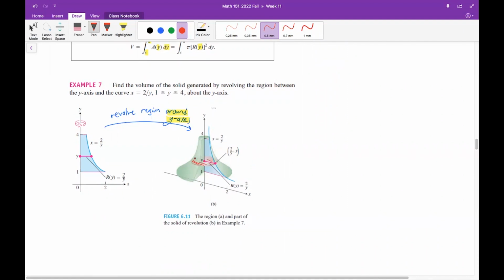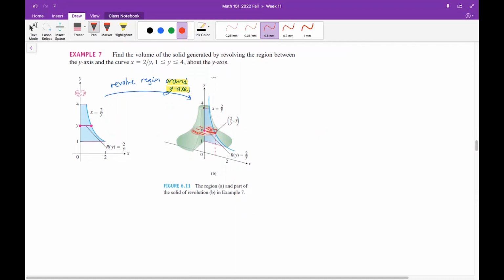Okay, and you put these cross sections over this arbitrary point y on the y-axis, and this is your radius now. You need to express this radius in terms of y, not x. So what is it? This is your curve given by the formula x equals 2 over y. For some arbitrary y on the y-axis, which is your revolution axis, we need to find where we hit on the x-axis in terms of y.